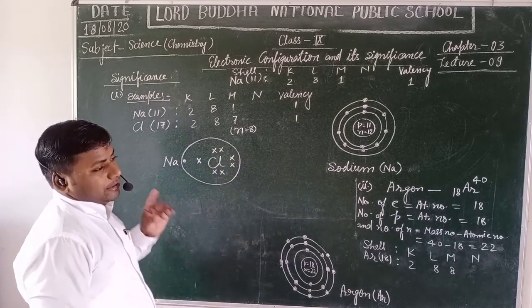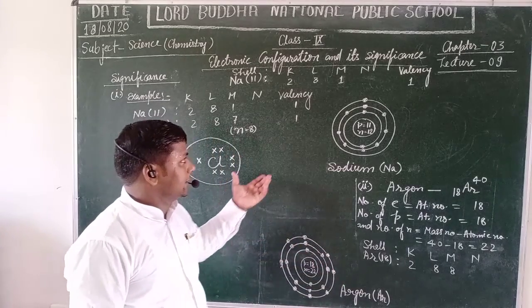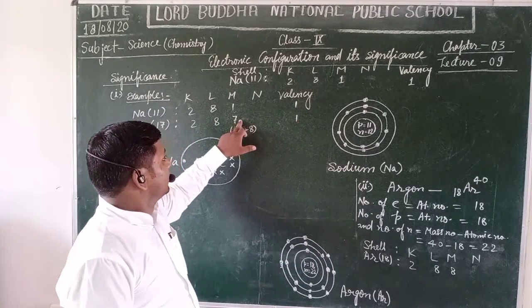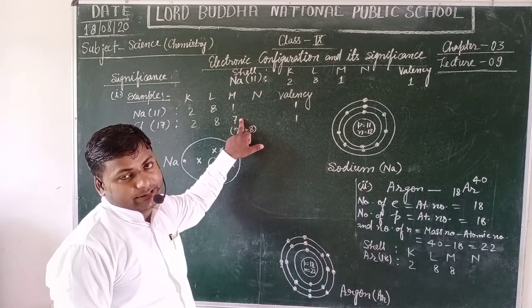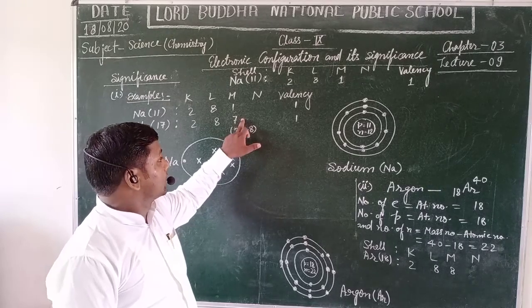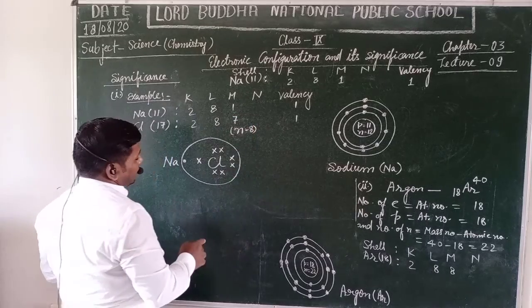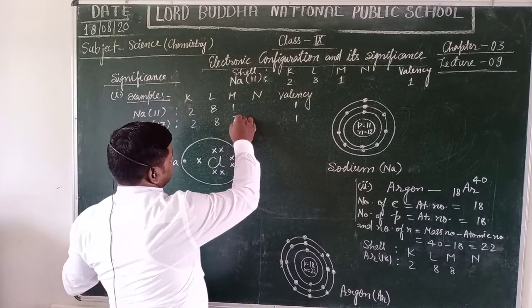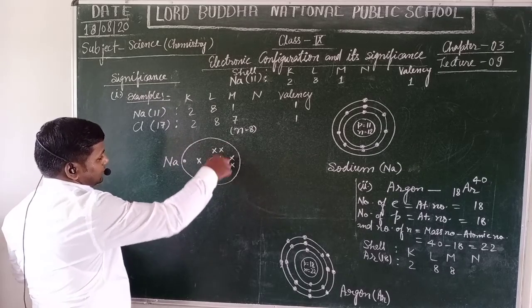Each and every element has the ability to complete its octet. It means to complete its outermost shell with 8 electrons. This phenomenon is known as the octet rule. Now here chlorine gains 1 electron from the sodium atom to complete its octet.